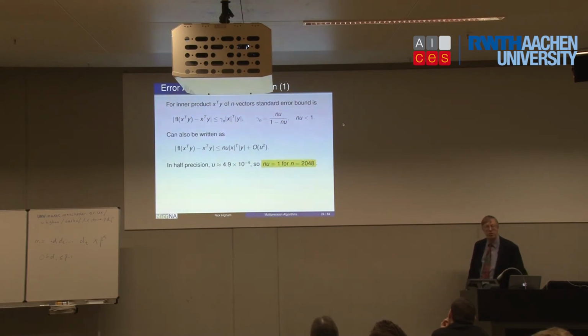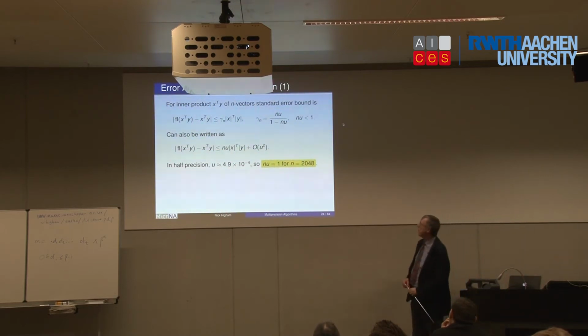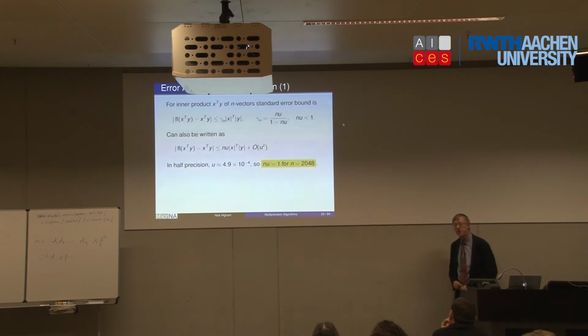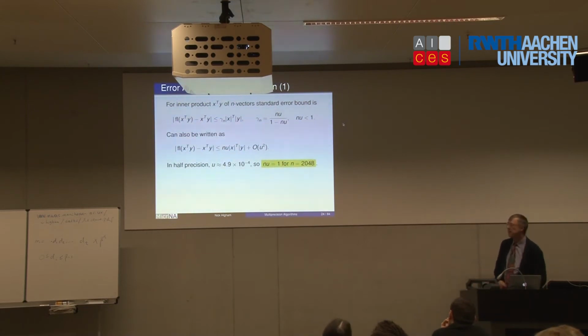So even the sign could probably be wrong. Okay, that's a bit surprising, isn't it? How then does machine learning manage to work in half precision? They're definitely using vectors of length more than 2000. I would have thought they're therefore getting the wrong answer a lot of the time. Yet it still works. So this is something I don't fully understand.